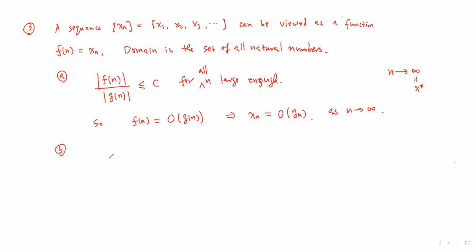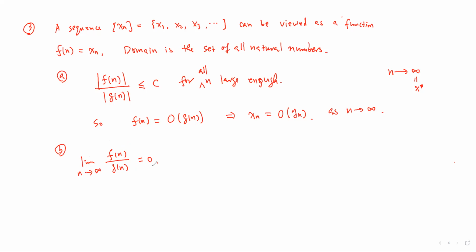Similarly, for functions, the little o relation means the limit of the absolute value of f of n over g of n, where the independent variable is now n and x star is now infinity, is 0.